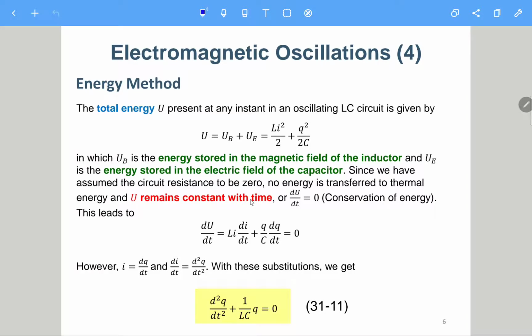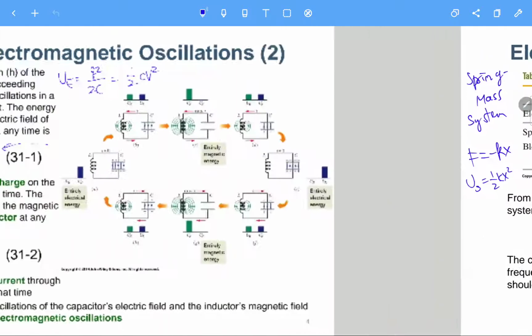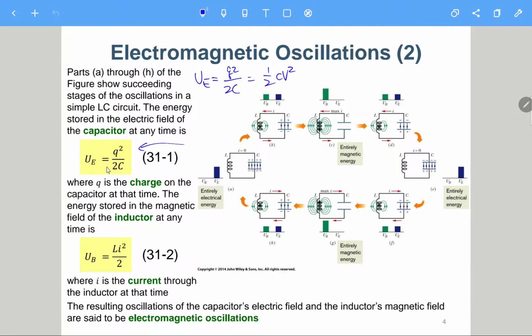In the textbook, it mentions the energy method. Just now in this page, we know that UE is Q squared over 2C, and UB is Li squared over 2, no matter which stage it is at.